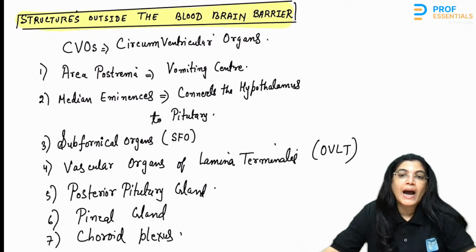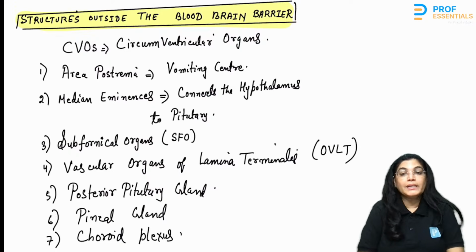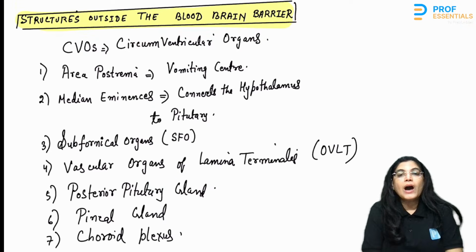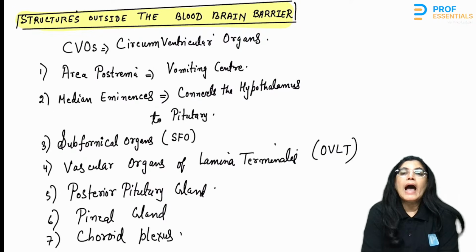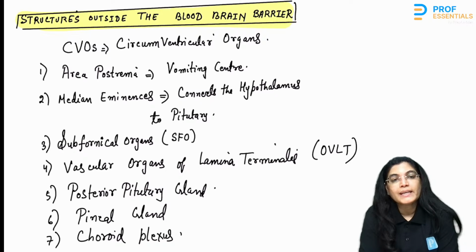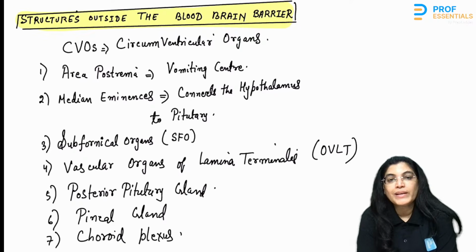And at the end, I have shown you an image in which we have discussed blood-brain barriers. How the blood-brain barriers are formed, what is the function of blood-brain barrier, and we have also discussed the structures which are lying outside the blood-brain barriers, and together we called them circumventricular organs.